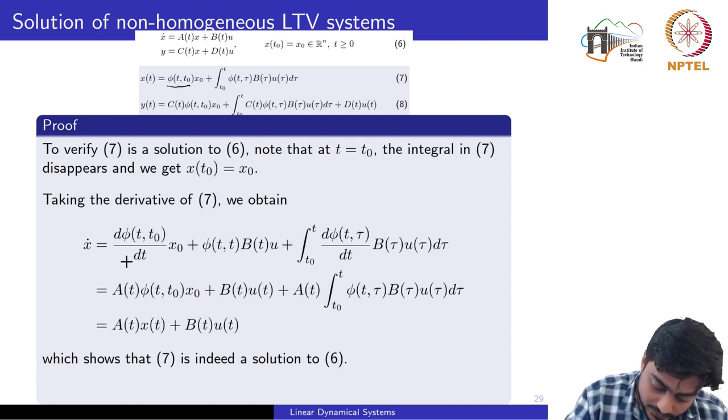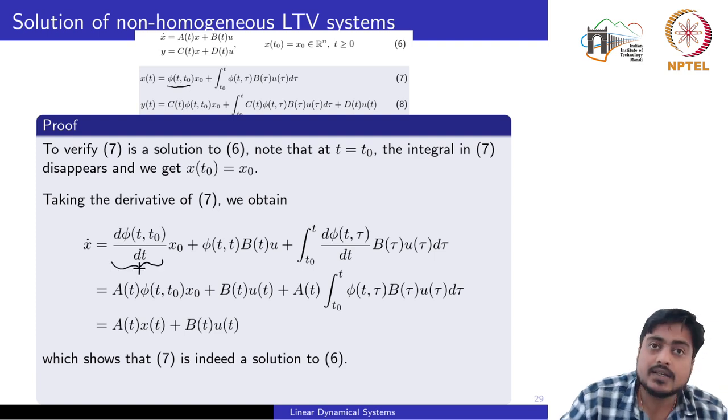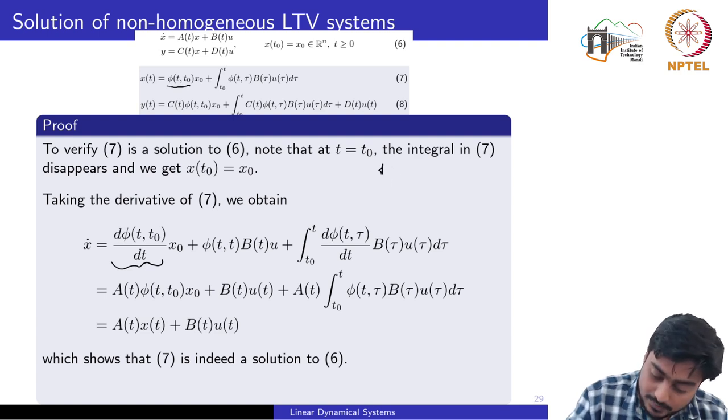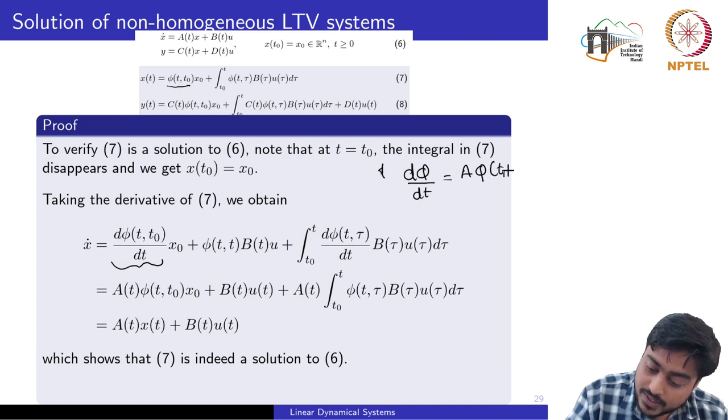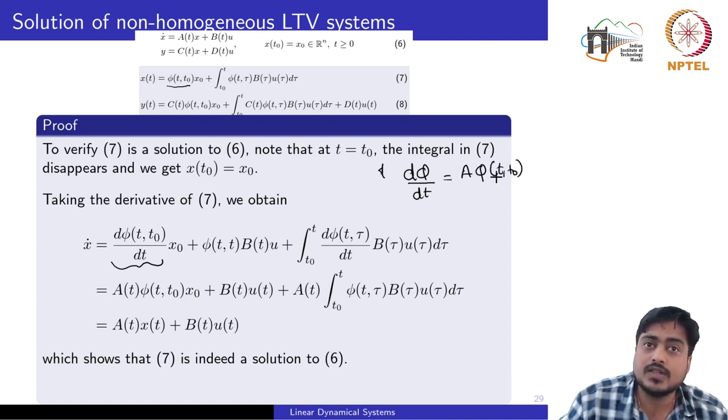Now we can replace this part d phi by dt by using the property that d phi by dt is basically A of t times phi t comma t naught. This was the first property of the state transition matrix.